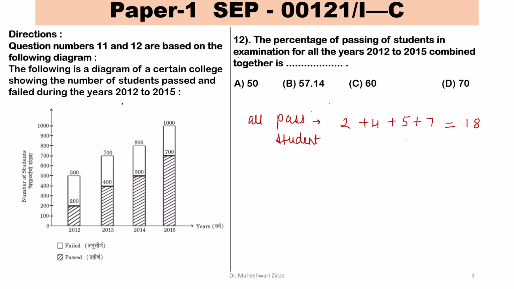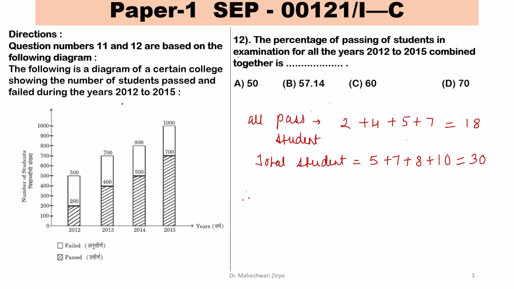And what is the total? Total number of students, in terms of ratio, will be 5 plus 7 plus 8 plus 10. I think you are clear, students, what I am doing, because as it is zeros are going to be cut off, so I am writing the ratio in terms of integers. 5, 7, 8 and 10 comes out to be how much? 8 plus 10 is 18, 18 plus 12 is 30, so 30.